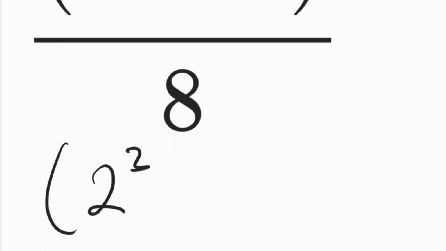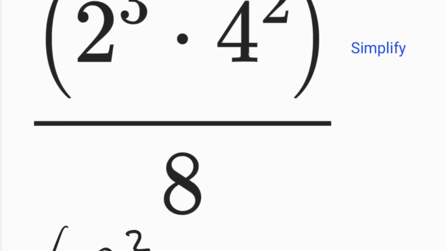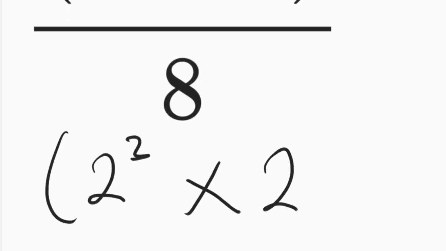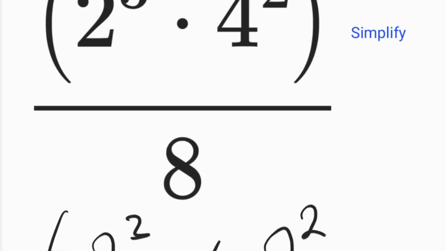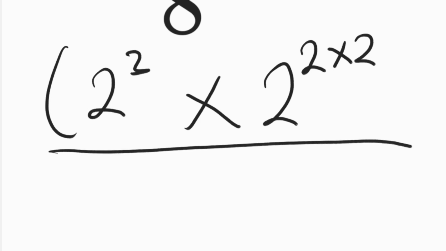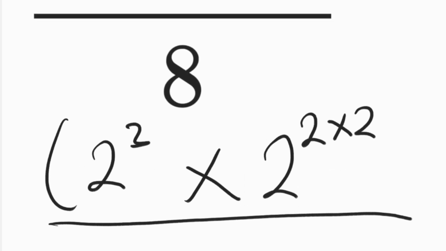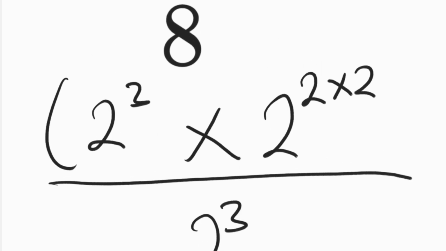Then I'm just going to put a multiplication sign right here. And this 4 right here is going to change to 2 to the second power, times the 2 that was already there, times 2, right? All over this 8 right here, which we're going to have as 2 to the third power, right?